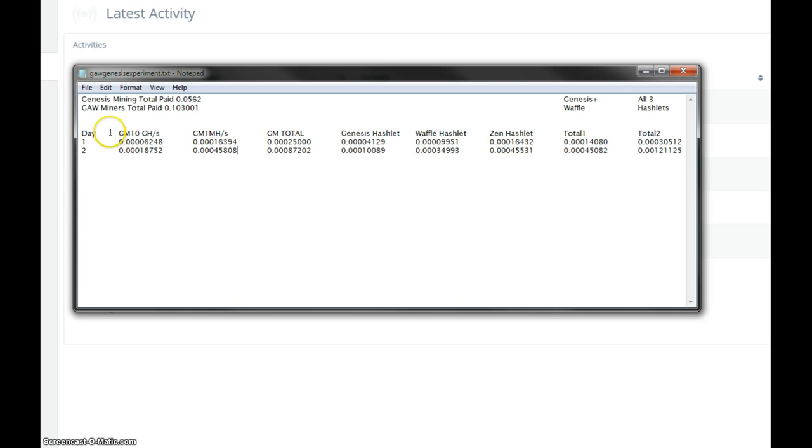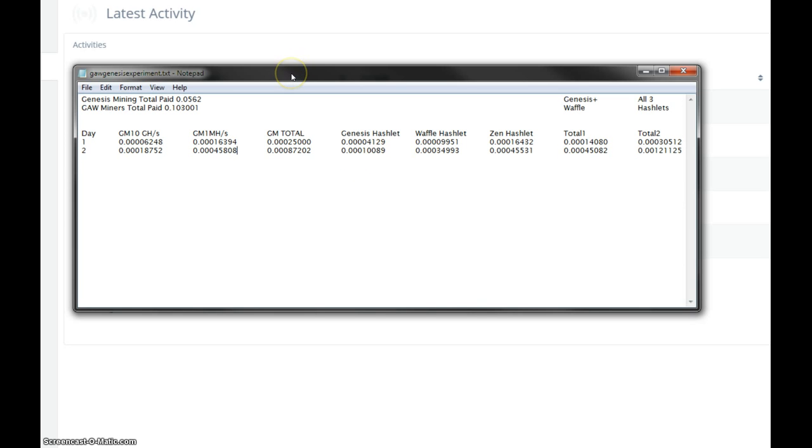Days, the prices for the Genesis Mining contracts over here, all the prices for the Hashlets over here, and then this is the total for the Genesis Hashlet and the Waffle Hashlet, and then this is the total cost of all 3 Hashlets, the Zen and the Waffle and the Genesis. This is because when I purchased all of these products, I paid 0.0562 Bitcoin for the Genesis Mining contract, and then for GAW Miners I paid 0.01. So this is just a reference for me. When this one for all 3 Hashlets gets to 0.103001, then I know that I've reached ROI for all 3 Hashlets.